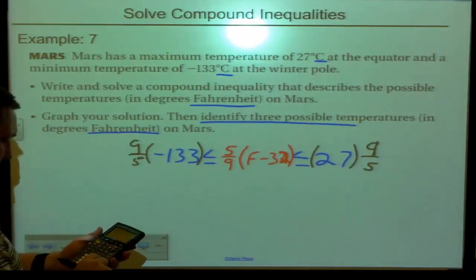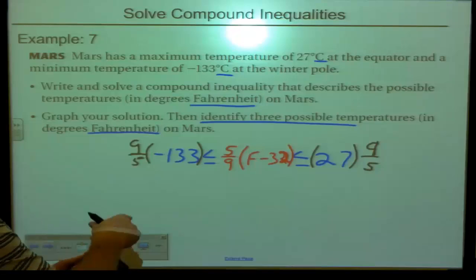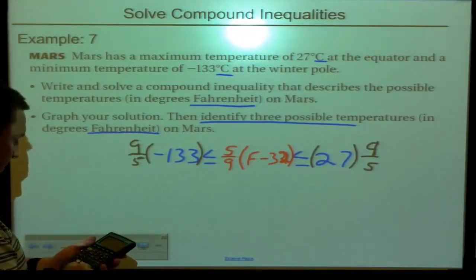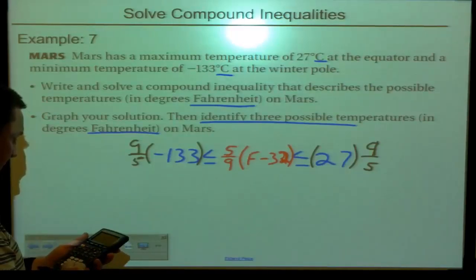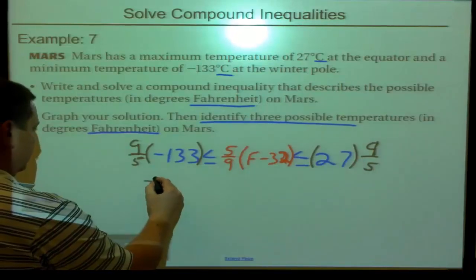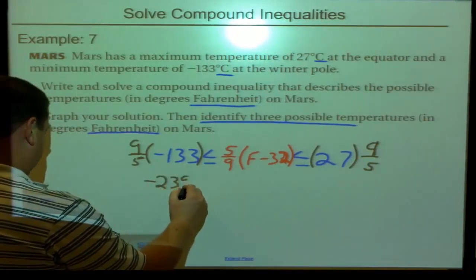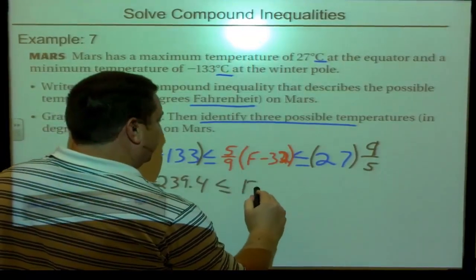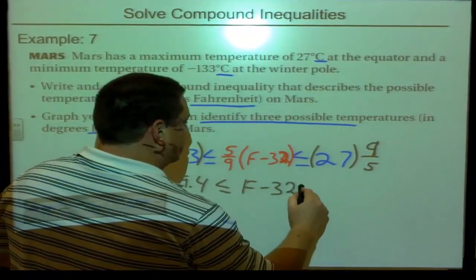So 9/5 is going to end up giving us 1.8. So I'm going to multiply by 1.8 here. So negative 133 times 1.8 gives us negative 239.4 degrees, less than or equal to Fahrenheit minus 32.